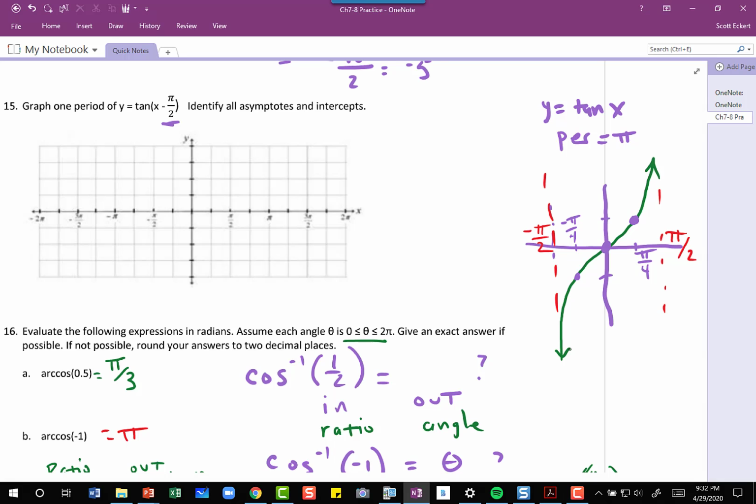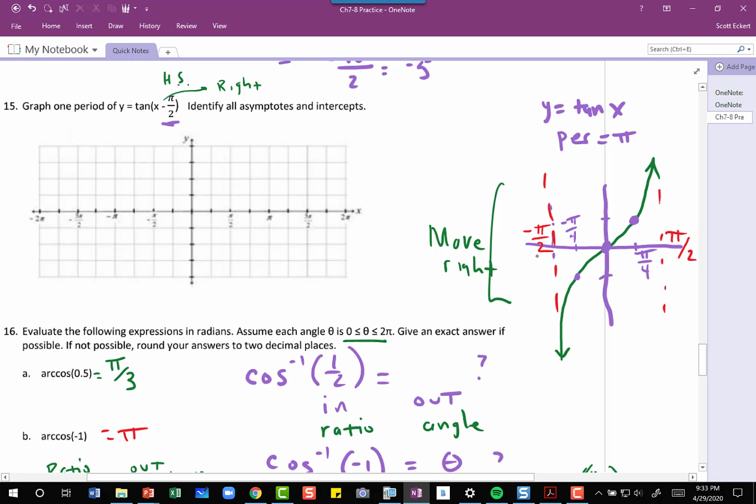Okay, so for this problem, all we have to do now is figure out what's happened. The negative pi halves is on the inside, so that means a horizontal shift, and it's negative, so it's going to be a horizontal shift to the right. So all of these points have to move right pi halves.